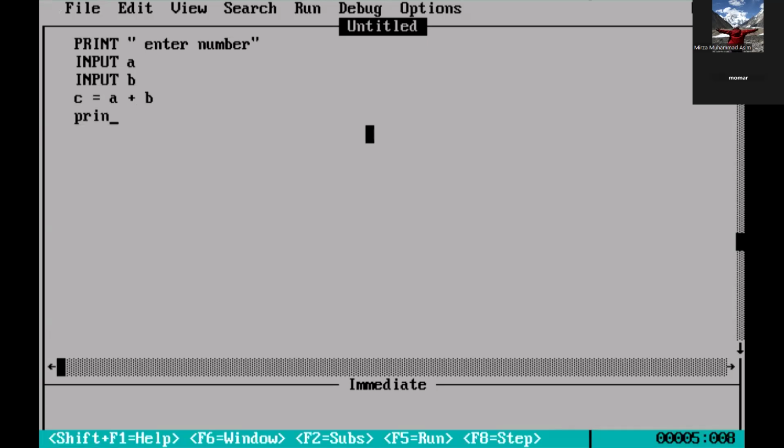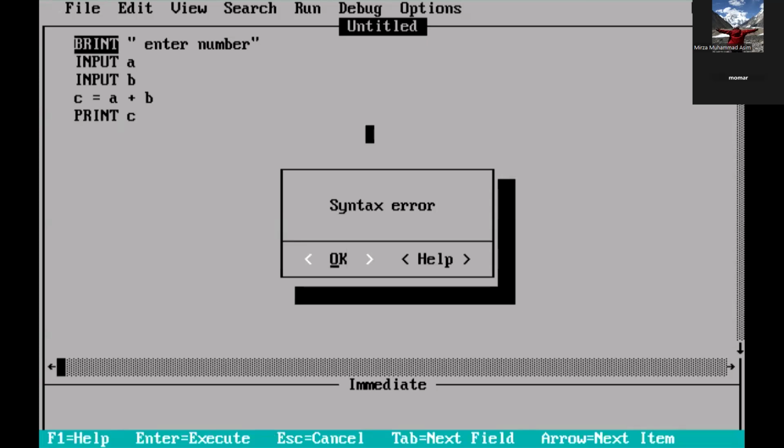Let me write BRINT. This language doesn't have this word in its reserved word list. QBasic knows what is PRINT, but it doesn't know what is BRINT. So let's see what happens.